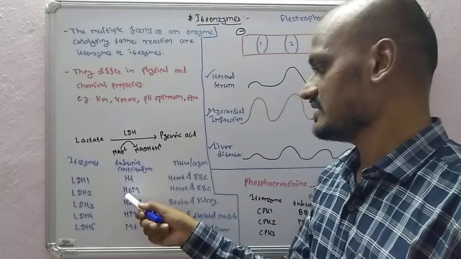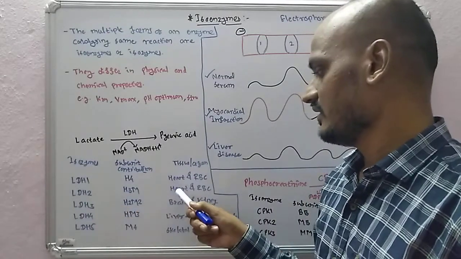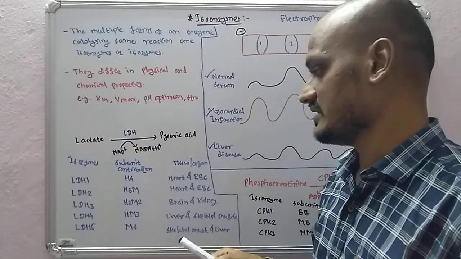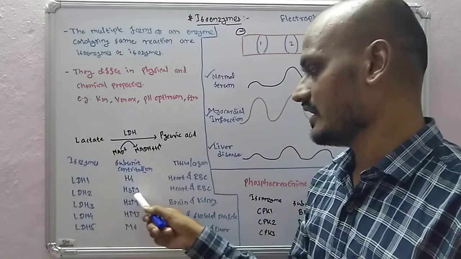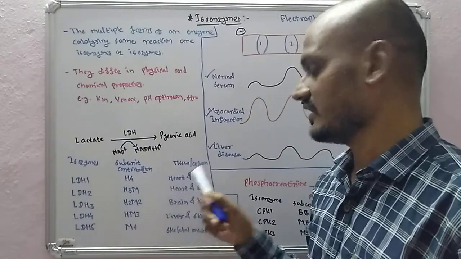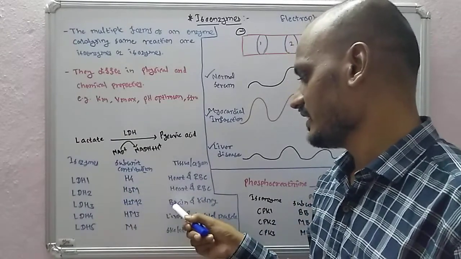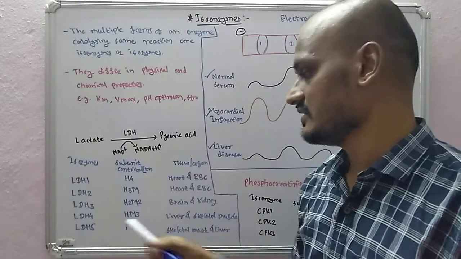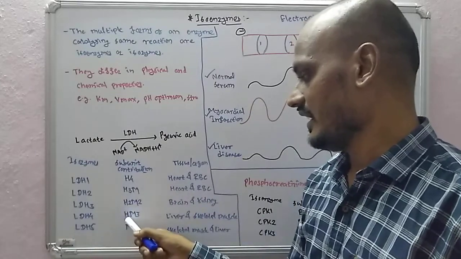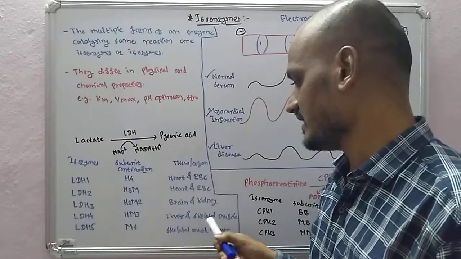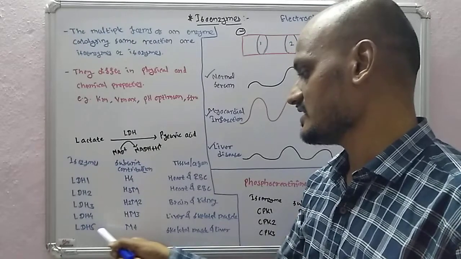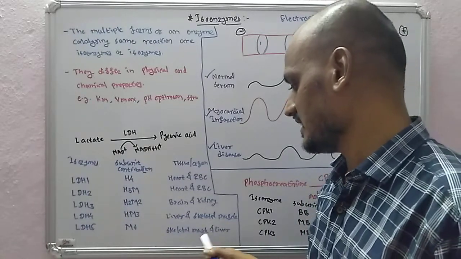LDH2 is H3M, occurring in heart and RBC. So where H is higher, it can occur in the heart. LDH3 is H2M2, it occurs in brain and kidneys. LDH4, HM3, occurs in liver and skeletal muscle, and LDH5, M4, is mainly occurring in skeletal muscle and liver.